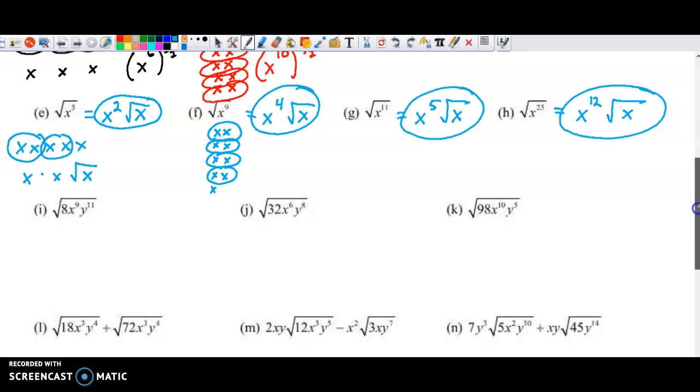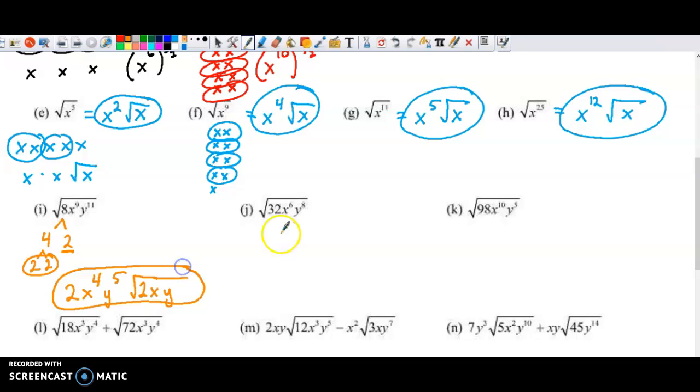And I can do the next one very similarly, except now we're putting in the numbers as well. So let me break down the numbers, 4 and 2, 2 and 2. Just like before with the pairs, I can pull the pair in front, but the 2 stays under the radical. You're also going to see me have x to the 4th with an x left over, and then y to the 5th with a y left over.